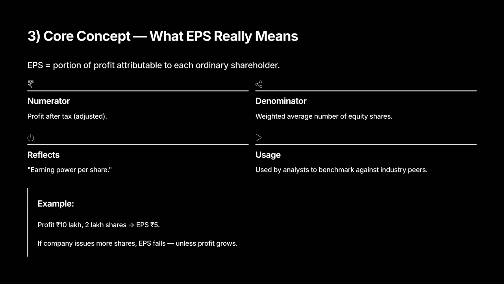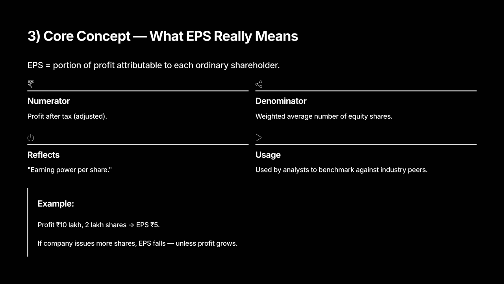3. Core concept: what EPS really means. EPS measures the profit available per ordinary share of equity, essentially the earning power per share. The calculation involves two main parts. First, the numerator, profit after tax, adjusted for preference dividends and other items. Second, the denominator, the weighted average number of equity shares outstanding during the year.